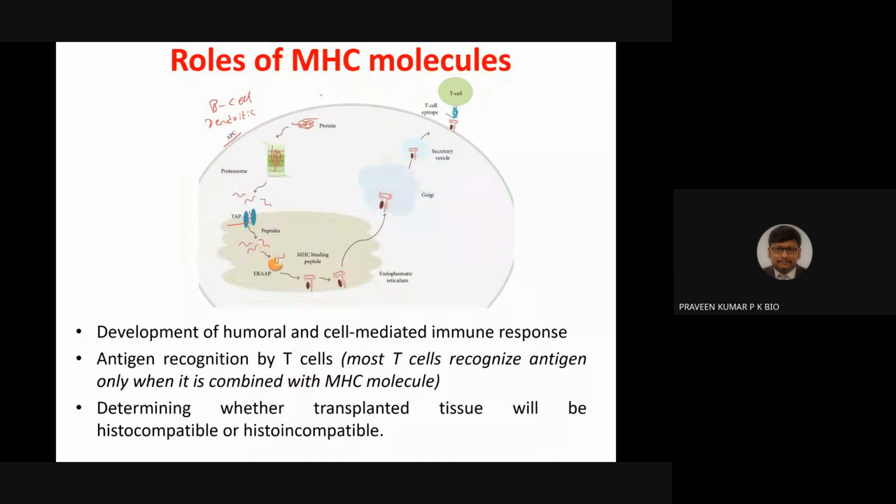These are transported through the transporter associated with antigen processing into the endoplasmic reticulum, where the peptides bind with MHC molecules. These MHC molecules are transported through the Golgi apparatus and then the secretory vesicles, and finally exported to the surface of the antigen presenting cell.